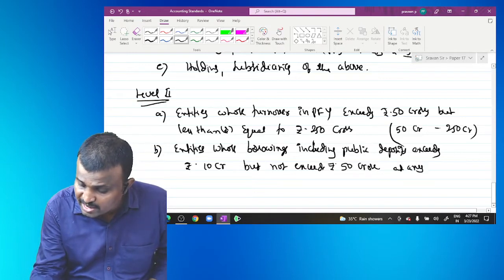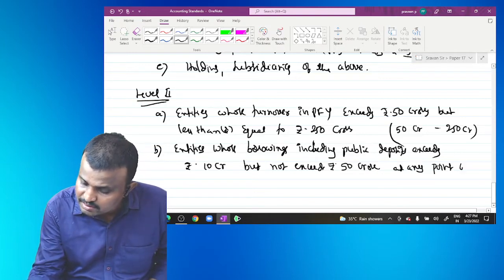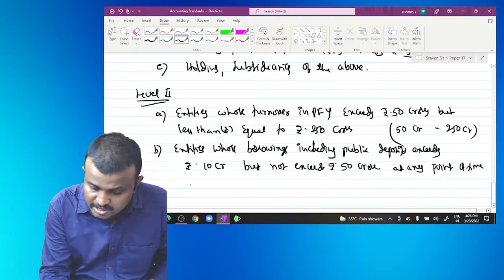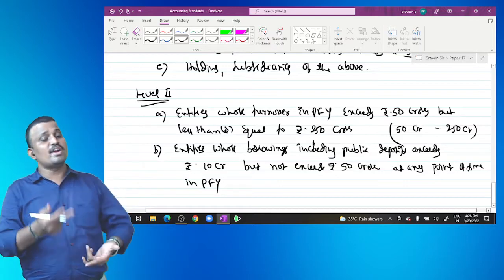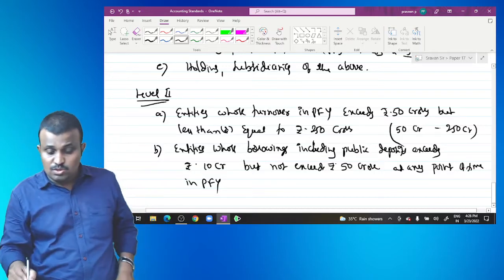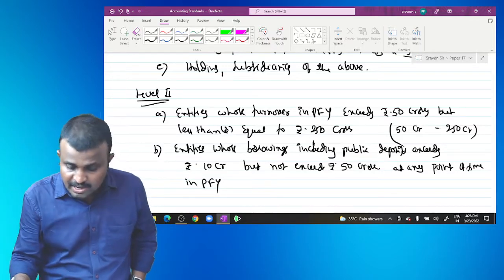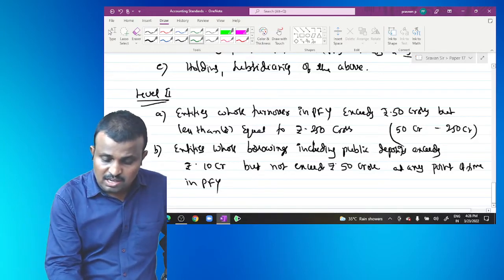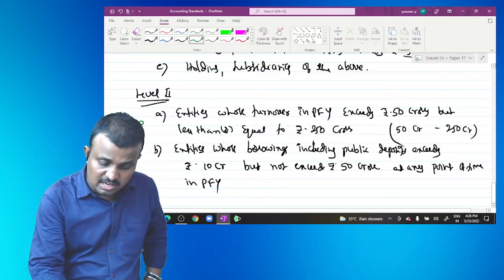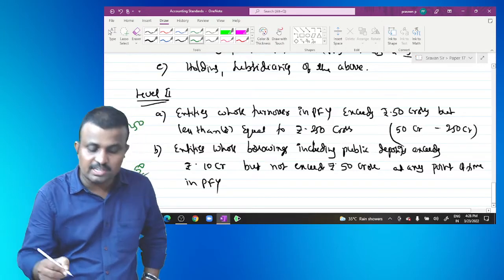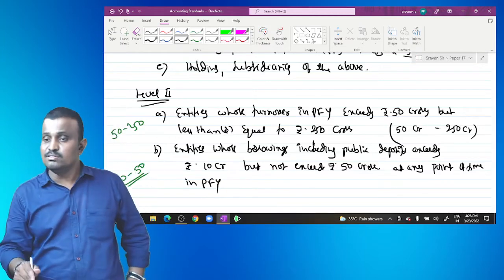And remember, at any point of time in the previous financial year. So for a Level 2 enterprise, what is the turnover limit? 50 to 250, and Level 2 enterprises' total borrowings are 10 to 50.